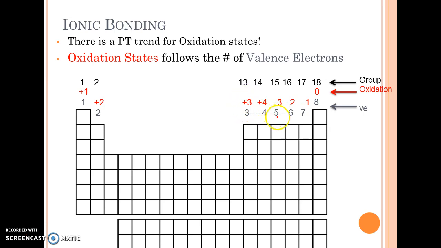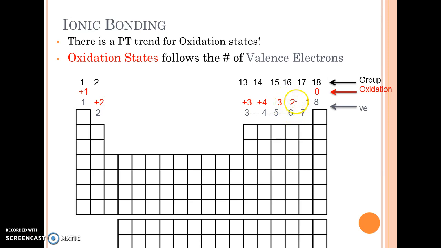If we look at group 15, group 15 has 5 valence electrons. It only needs 3 more to have 8. It will gain 3 more electrons to have a -3 charge. Group 16 has 6 valence electrons. It only needs 2 more to have 8.